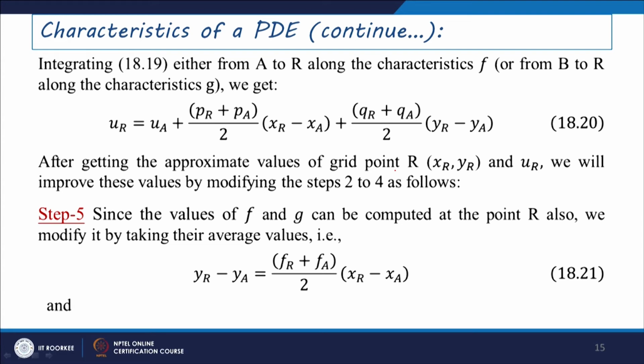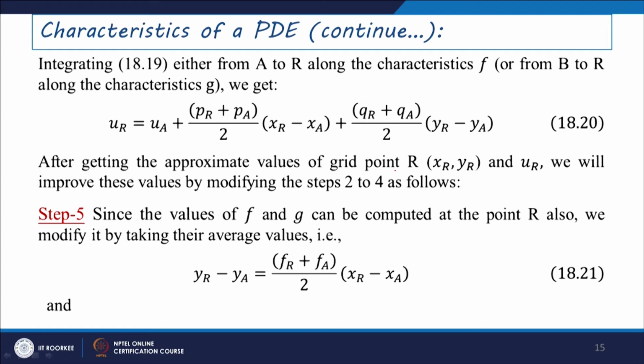Similarly for q, it can be written as (qr plus qa) by 2. We are considering the average of two values, since both these curves intersect at the point R. So that is why we consider (pr plus pa) by 2, and similarly (qr plus qa) by 2 into (yr minus ya).